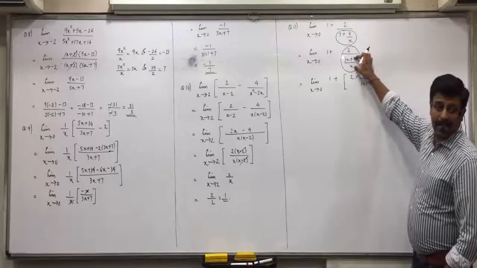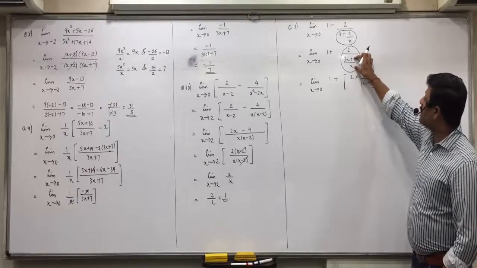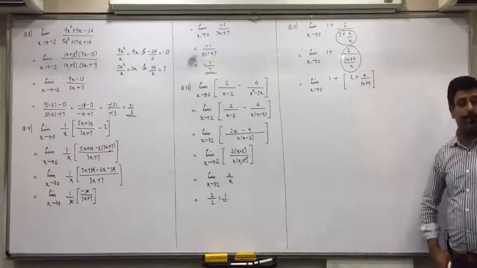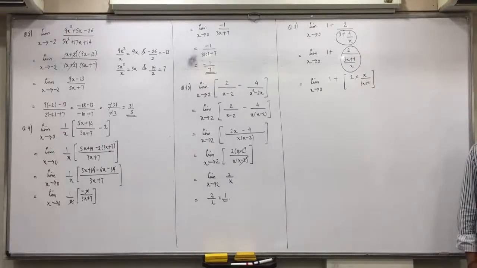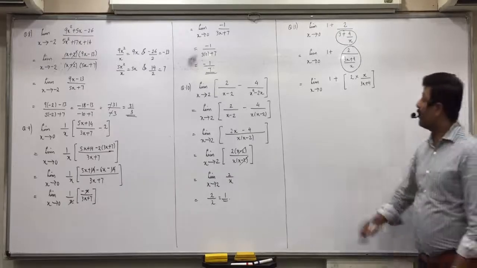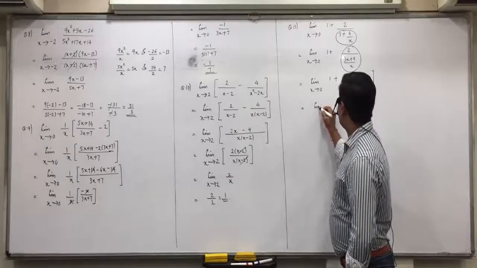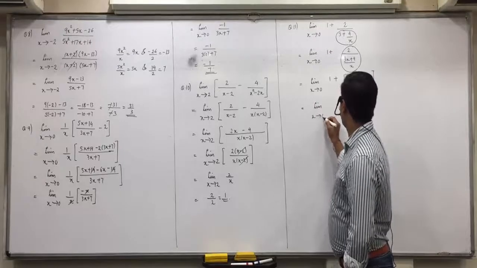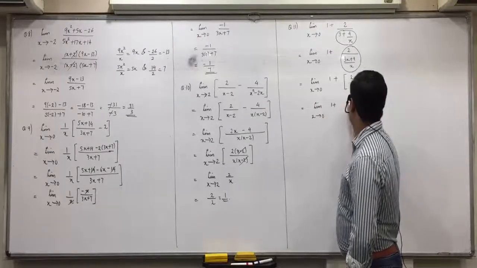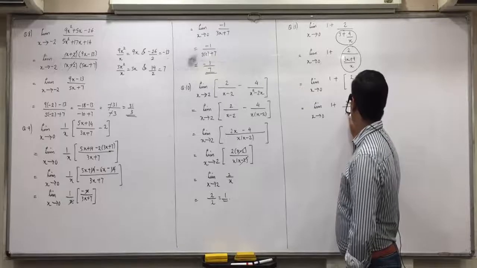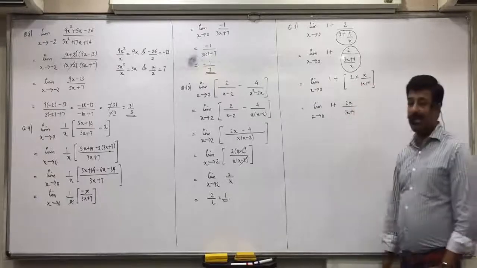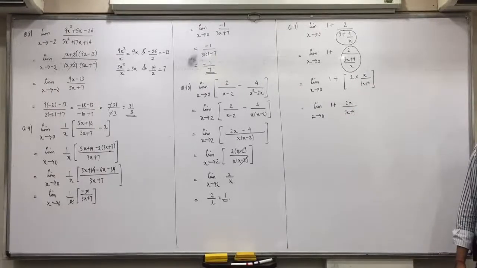Divide by 3x plus 4 means multiplied by reciprocal, x upon 3x plus 4. Any confusion with this? Raise your hand. All are able to follow? Limit x tends to 0, 1 plus, now can I write 2x upon 3x plus 4? 2 into x means 2x upon 3x plus 4.